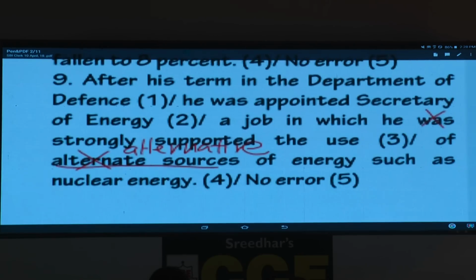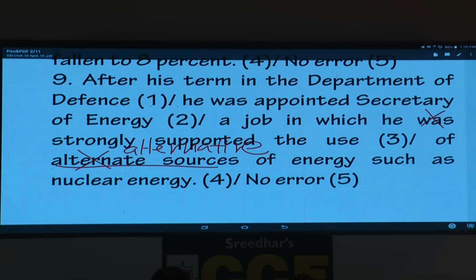So, he strongly supported the use of alternative sources of energy, such as nuclear energy. Again, when you think of alternative sources of energy, you should think of renewable sources of energy or non-conventional sources of energy. I think some of the students are preparing for a bank exam next month. Which one is that? NABARD, I think. Am I right? So this topic is very important.